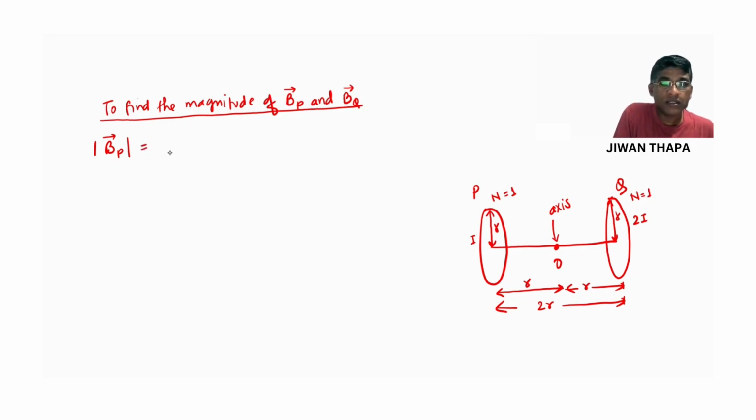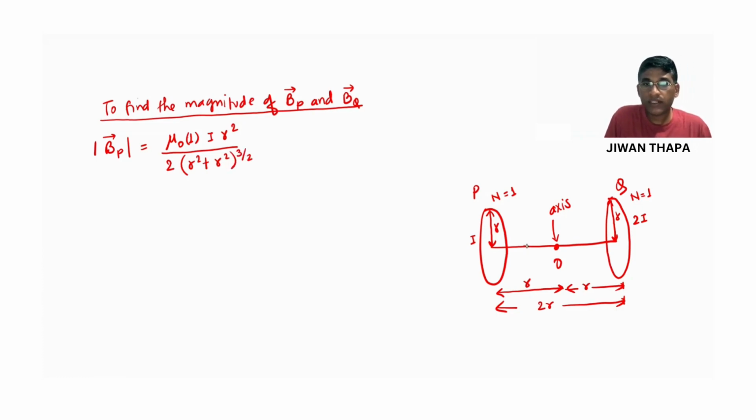So BP equals mu naught, N is 1. So I'm writing in this way. Mu naught, N is 1. So let me write in this way. I, current, and square of the radius of the circular coil, P, divided by 2 bracket R square plus this again, okay, R square whole power 3 by 2.